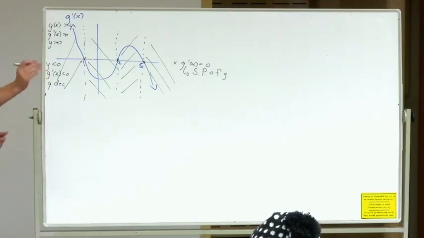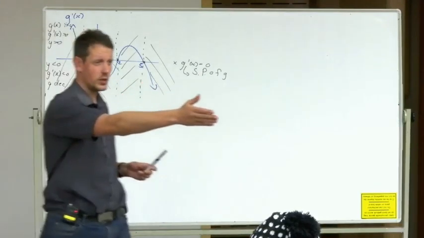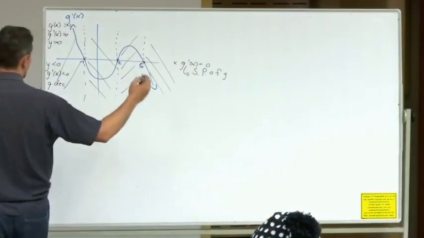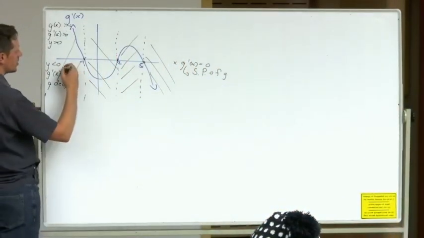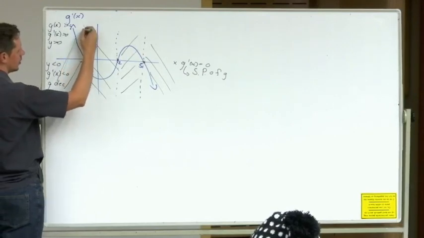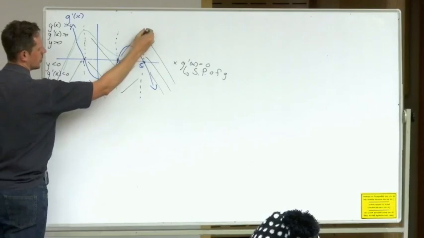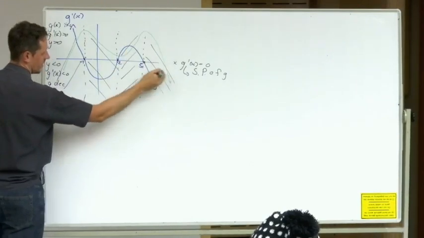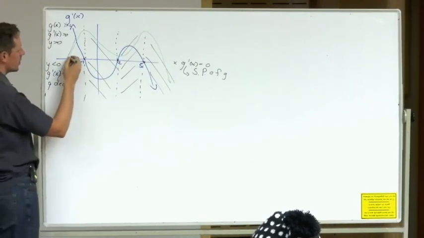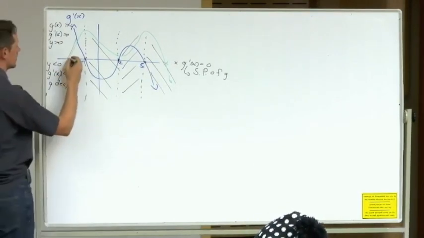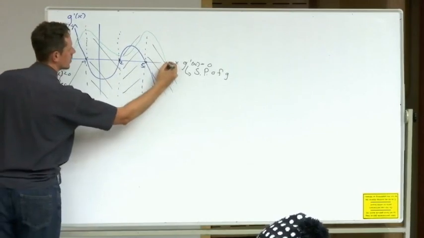Like this lady down here, what's your name? Kaylee. What Kaylee did was she said, okay, it needs to cut there, turn, turn, turn, and cut there. So it cuts only your x-axis twice.